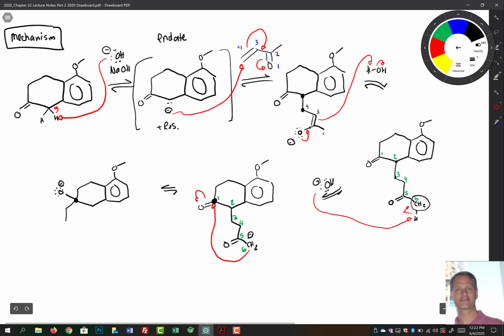That ring is going to look like that. Let's number it: 1, 2, 3, 4, 5, 6. Okay, so we got the ring figured out. Now, where do we put the carbonyl? The carbonyl's at number 5, so the carbonyl is right here. And there we have it. So that's all we really had to do there.